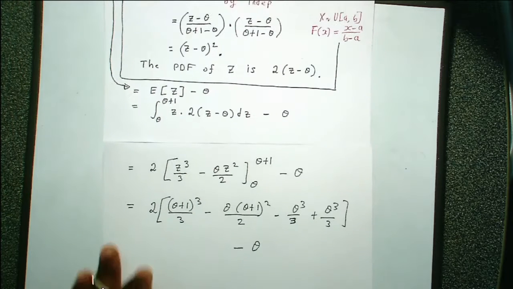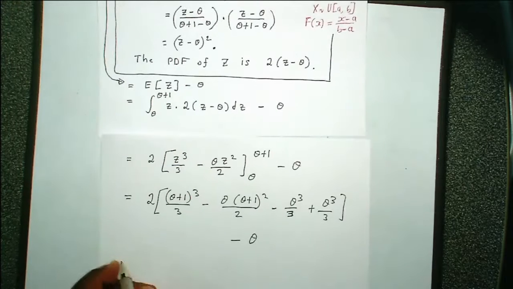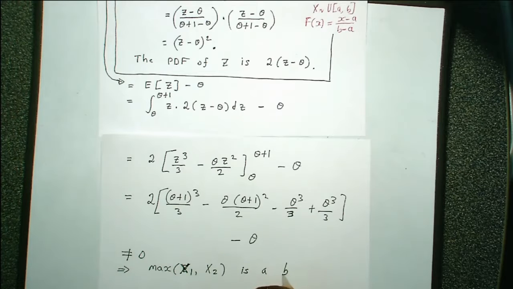And this, by the look of it, clearly cannot be 0. So the estimator Z, all right, Z is a biased estimator of theta. Is that clear?